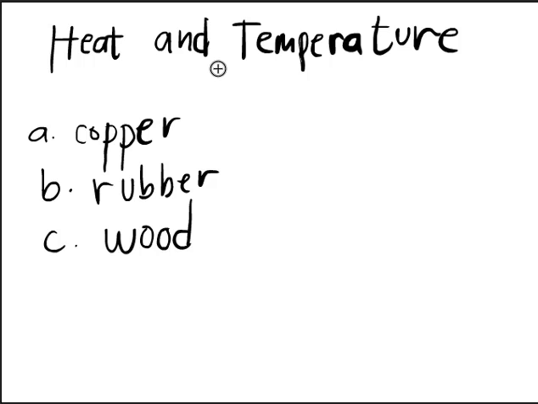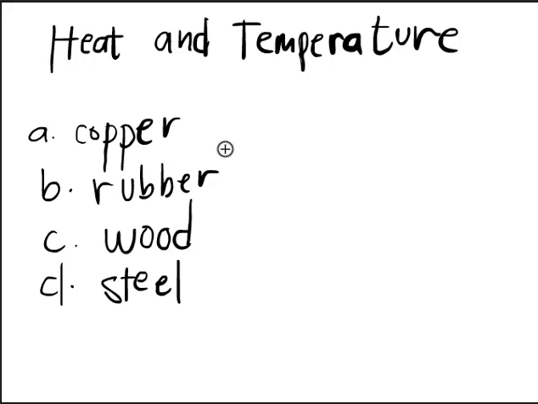And for letter D, stainless steel. So the question for you is, which one is a conductor and an insulator? If you're about to choose two, let's say, what are those two conductors and what are those two insulators?